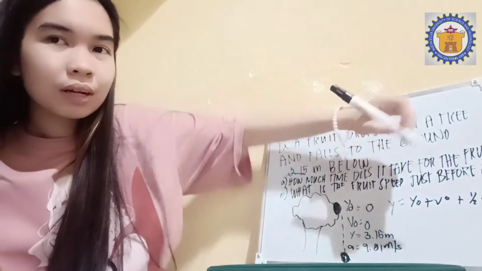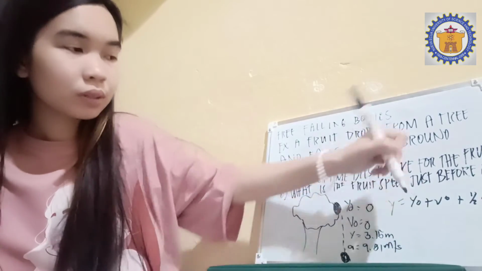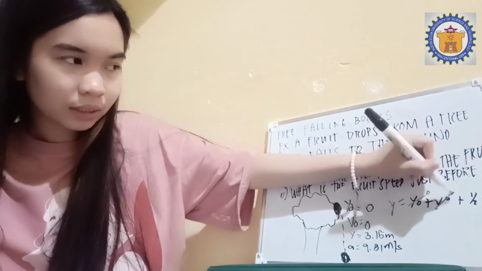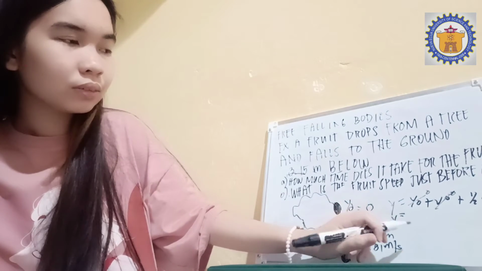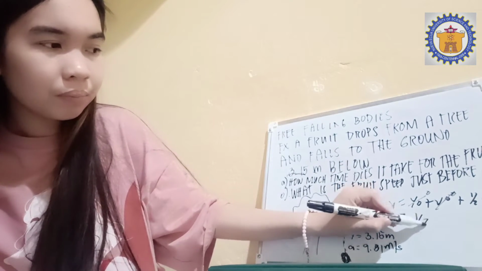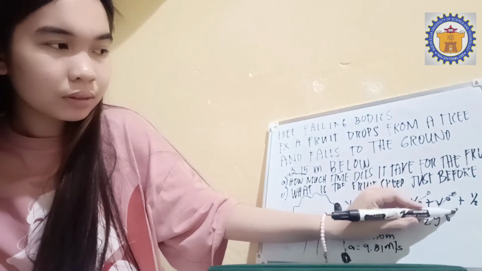And since ang value nga ni y sub 0 and v sub 0 is 0, pwede na natin silang i-cancel. So, y now is equals to 1/2 times g times t squared.